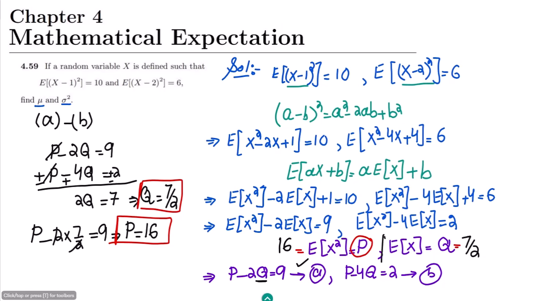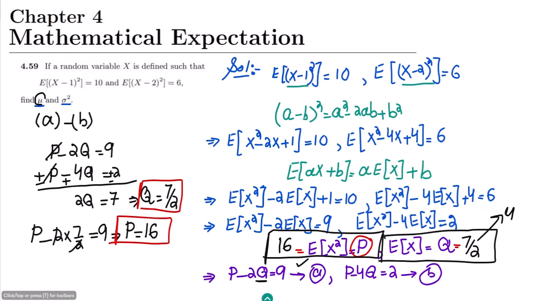So this is basically the answer of E[X^2] and E[X], while we can very clearly see that this is basically mu, which is the mean of the random variable we have here. Now in order to find the value of sigma square, we know that it is equal to E[X^2] minus mu square. Let me put their values.